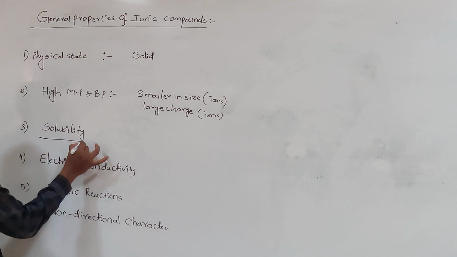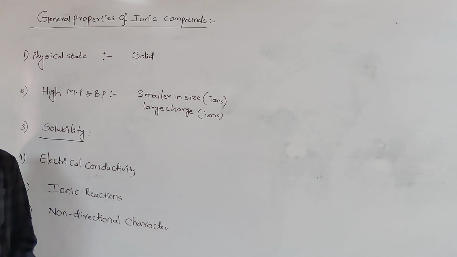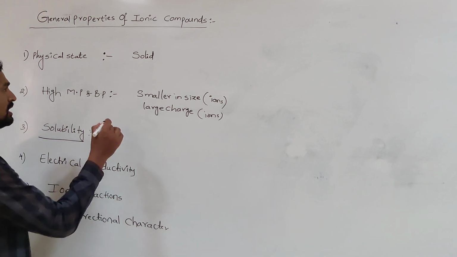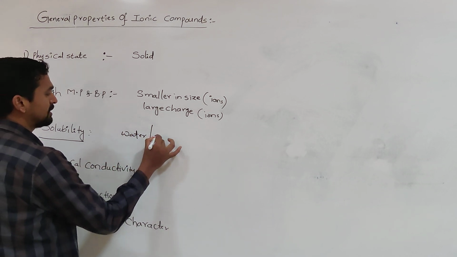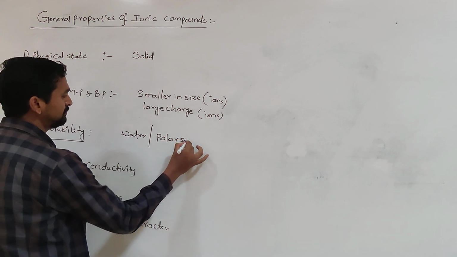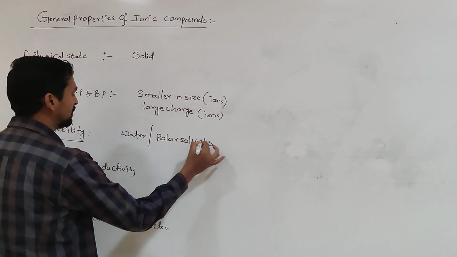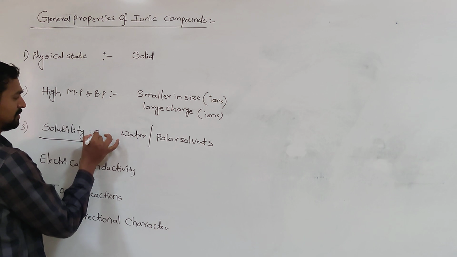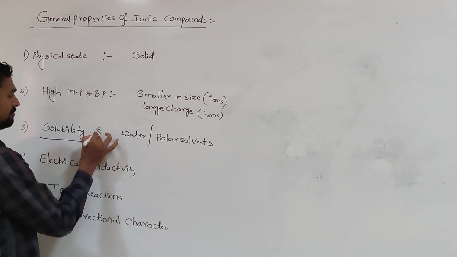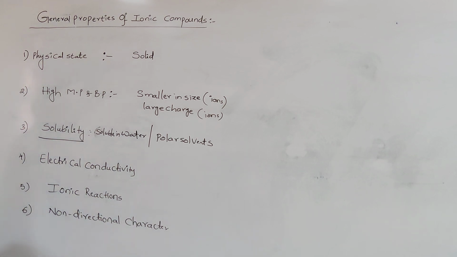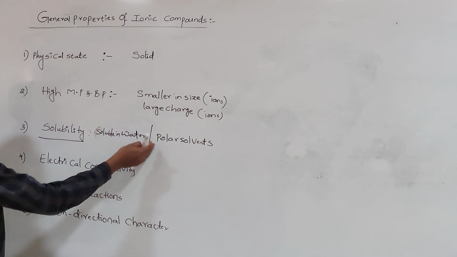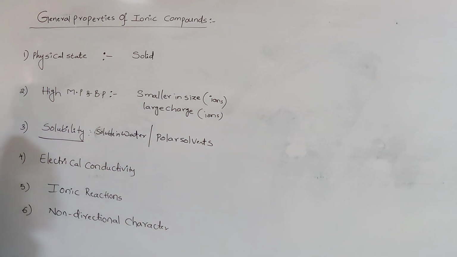Next, solubility. This follows the principle of like dissolves like. Generally, ionic compounds are soluble in water or other polar solvents, because attraction develops between these polar solvents and the ionic compounds.